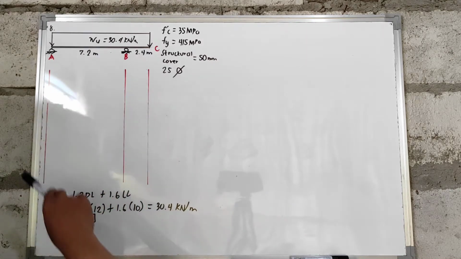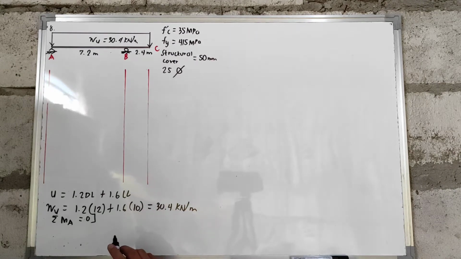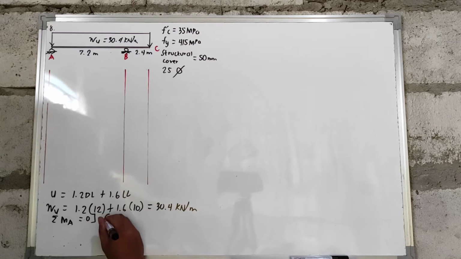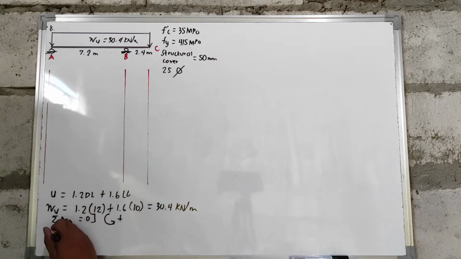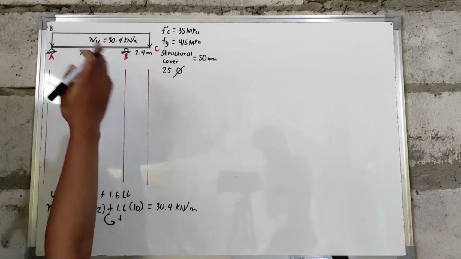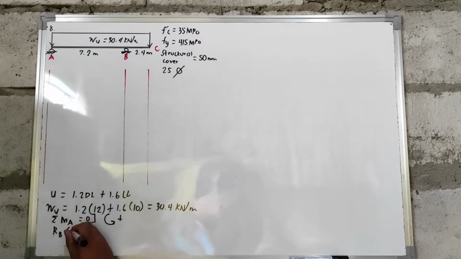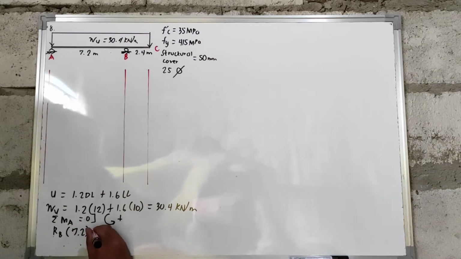So with that, yung rotation natin, bigyan natin is counterclockwise is positive. So you have yung reaction natin at B that is counterclockwise. Meron tayong moment arm na 7.2 minus.